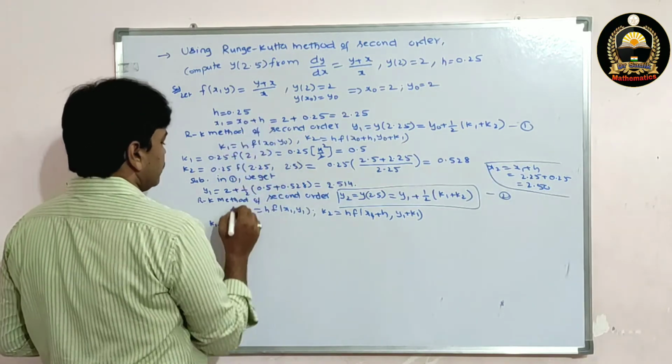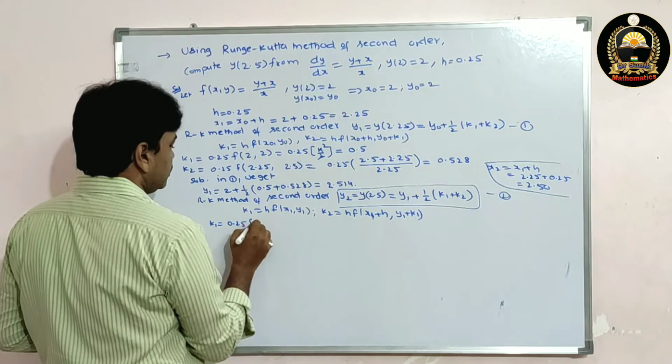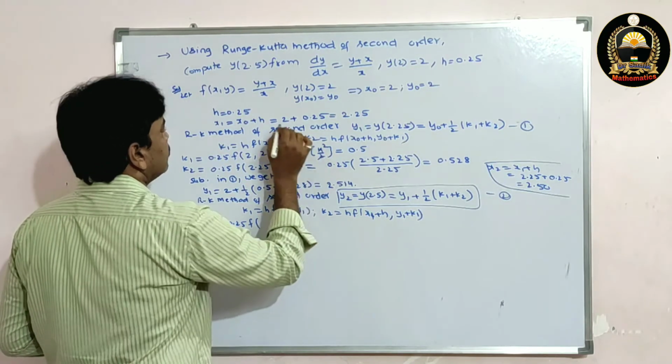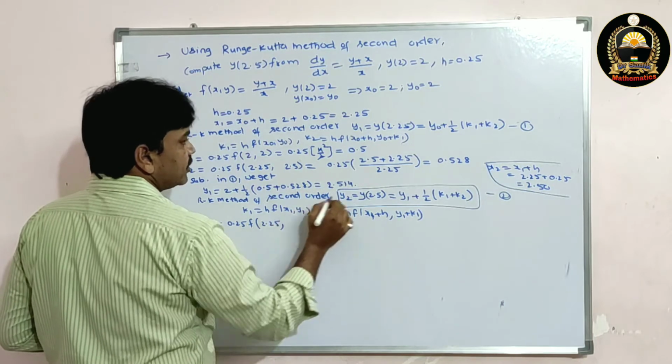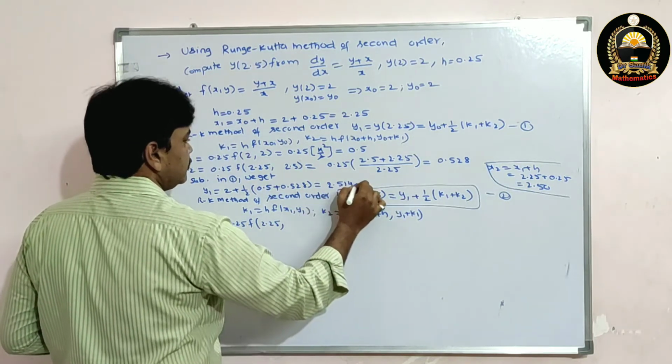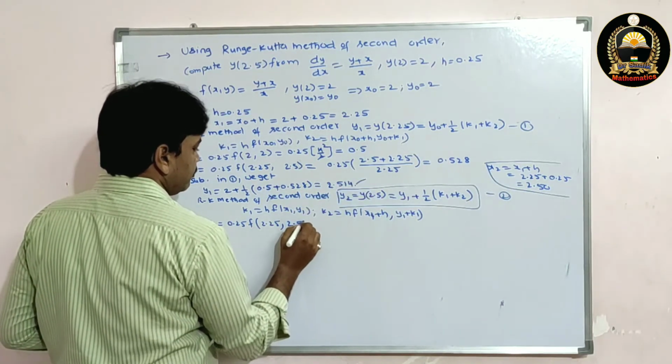So k1 is equal to h value, what is h value? 0.25 into f(x1, y1). What is x1? 2.25. What is y1? This value, students, 2.514.